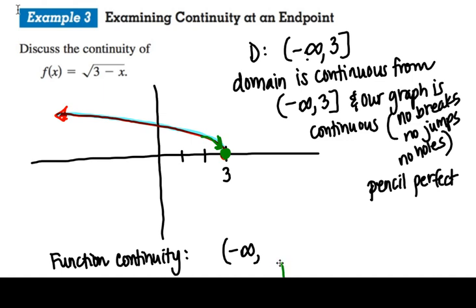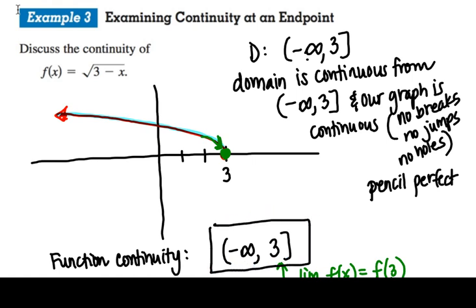So when you're going to this endpoint right here of 3, you have to make sure that the limit as x approaches 3, in this case from the left, is equal to f of 3. And it indeed is. So the continuity is negative infinity to 3.